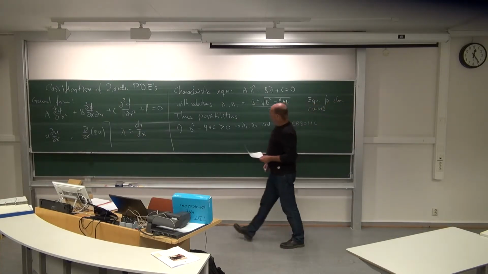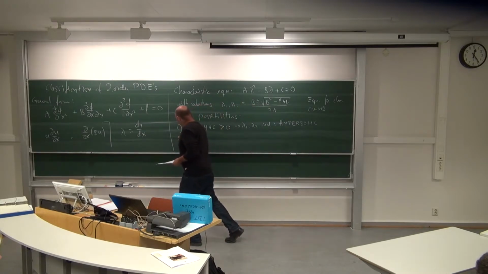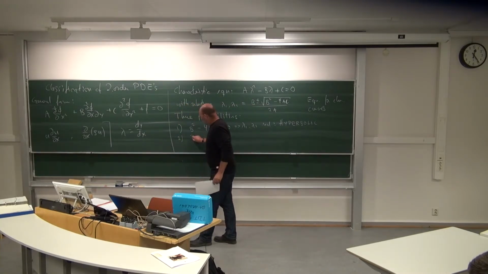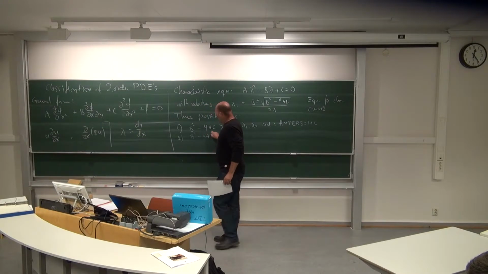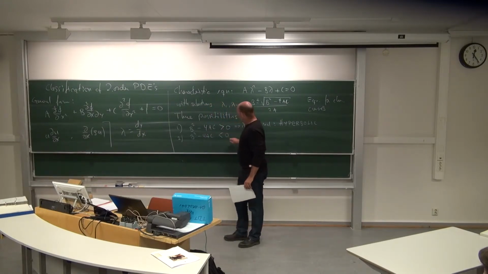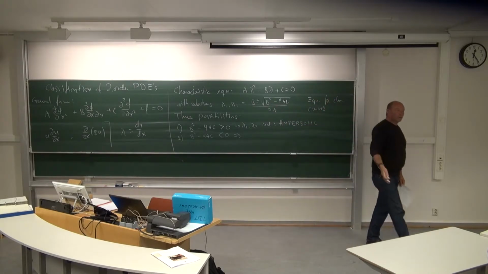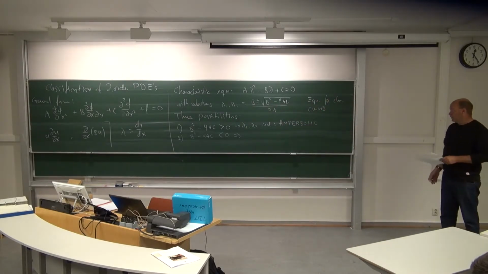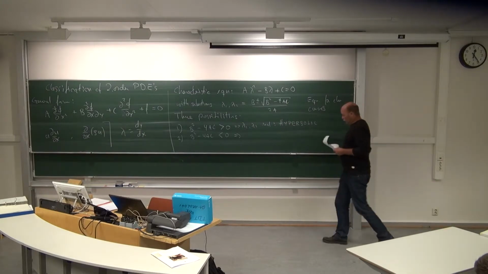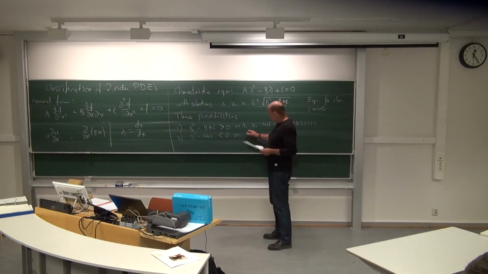If it's negative, second, so b squared minus 4ac is negative. Okay, then you have the square root of something negative. You will only have imaginary solutions or imaginary roots.